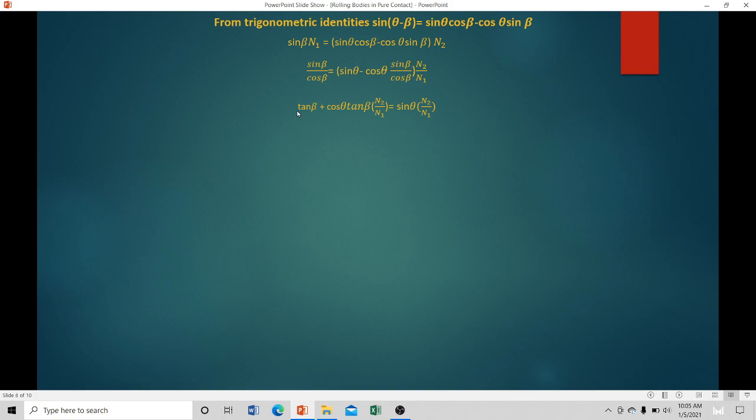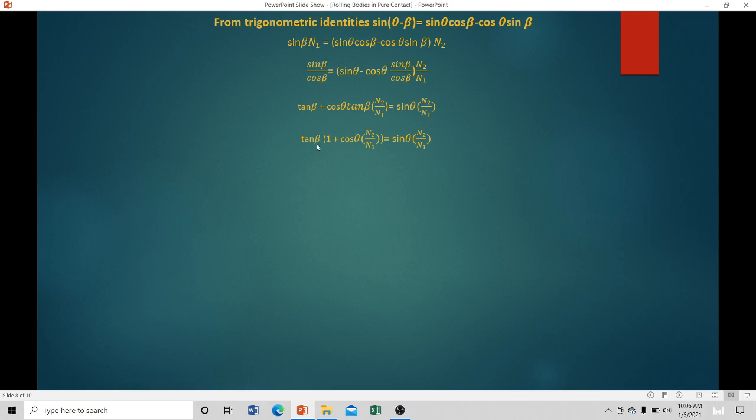So we know that tan beta is a common factor, so we can factor it out of the previous equation. Tan beta times 1 plus cosine theta times n2 over n1 is equal to sine theta times n2 over n1.